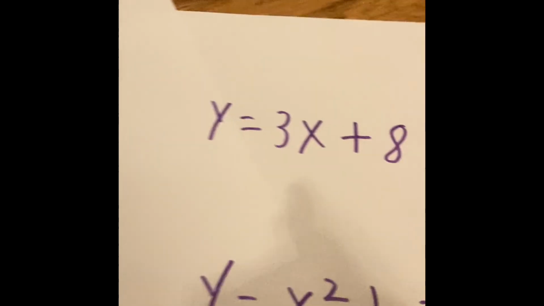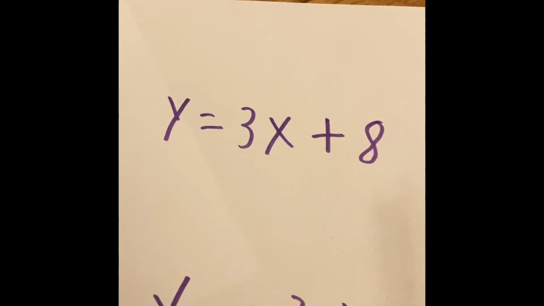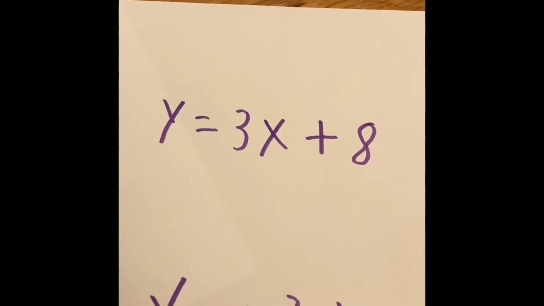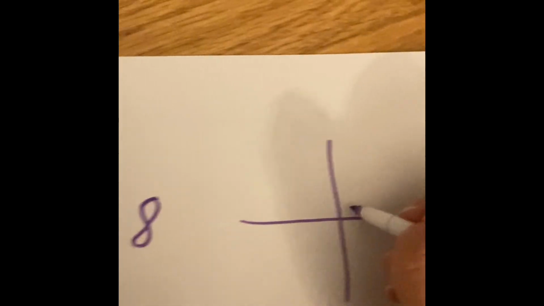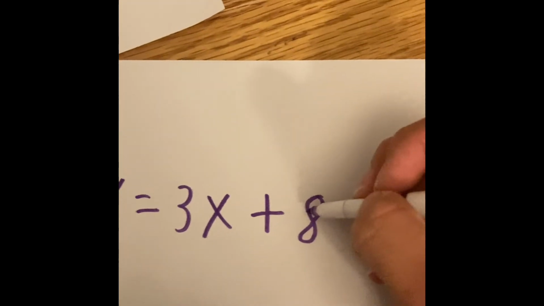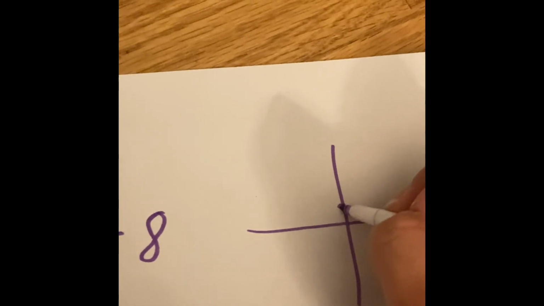So, we can understand that this one, y equals 3x plus 8, is a linear function. Because when you graph it, the number 8 indicates where you start. So we're going to start right here.